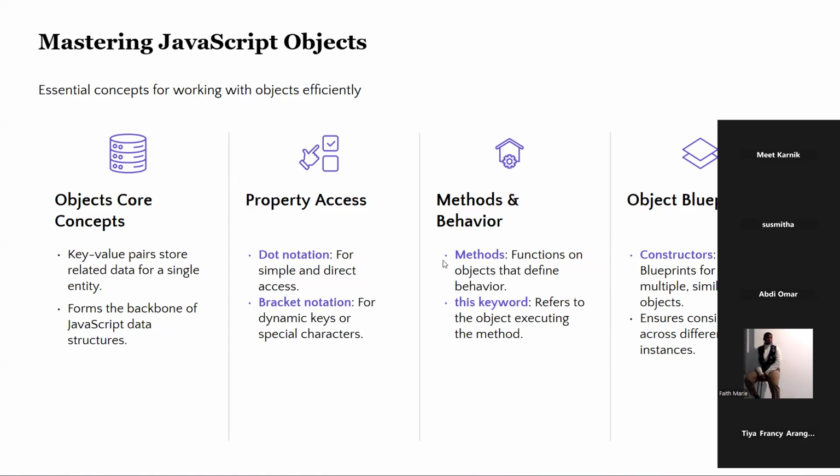Third, methods are functions on objects that define behaviors, and the this keyword refers to the object that's calling the method. And finally, constructors are like blueprints for creating multiple similar objects in a consistent way. With those core ideas in place, this helps you ensure consistency across different object instances.